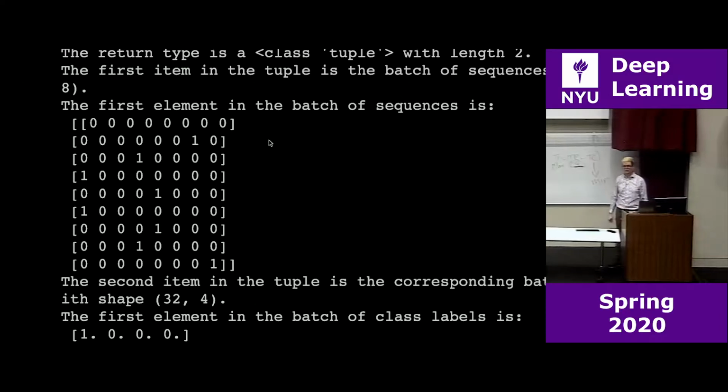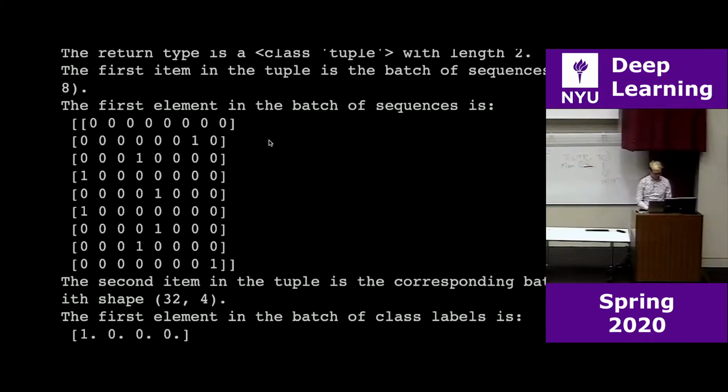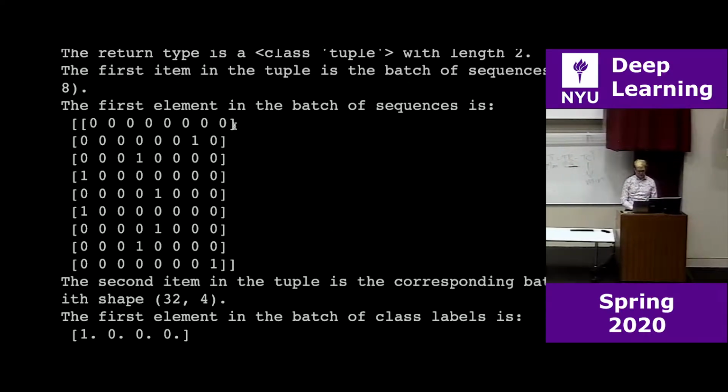Why are there 8? We have X and Y, A, B, C, and D, beginning and end, right? So we have one-hot out of 8 characters, and then I have a sequence of rows, which are my sequence of symbols. In this case, you can see I have a beginning with all zeros. Why is it all zeros? Padding, right?